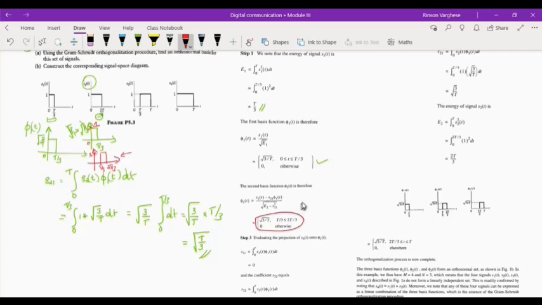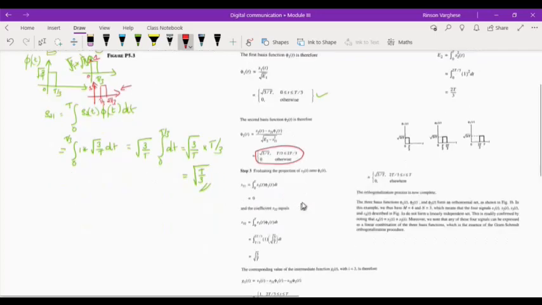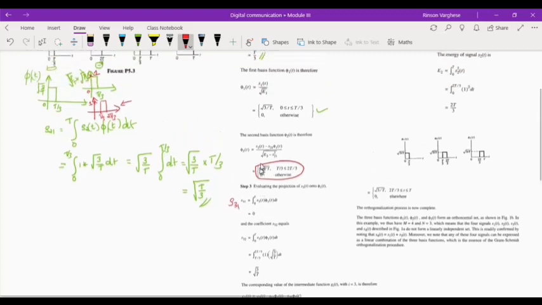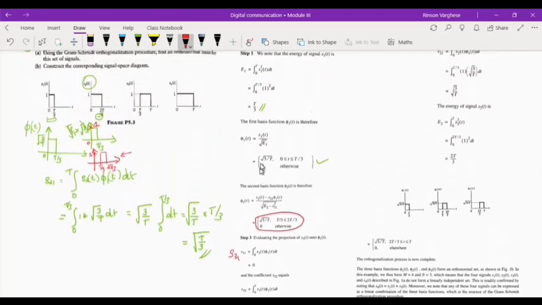Now to find the third signal, again you need to find the contribution of the first basis, S31, in the third signal, which is 0, because the first basis extends from 0 to T by 3, but the third signal starts from T by 3 to T, so they don't have anything in common.